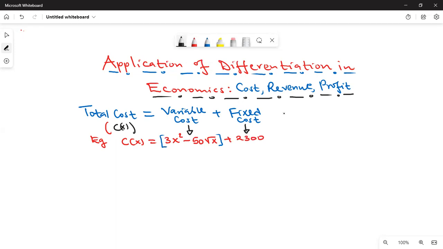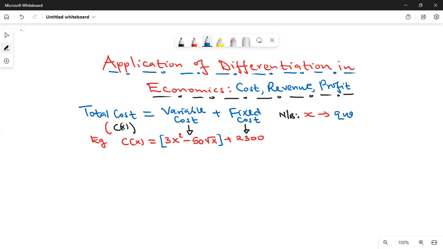Now, what do you mean by X? Take note that what we are referring to as X simply means the quantity produced by the manufacturer.